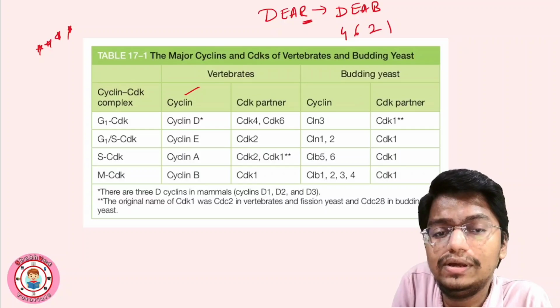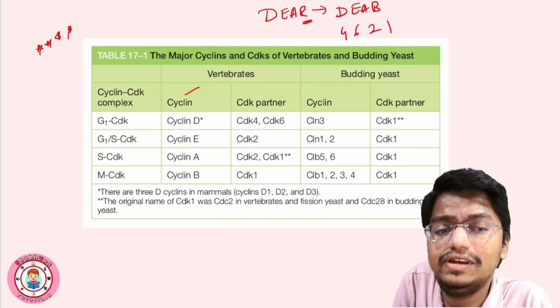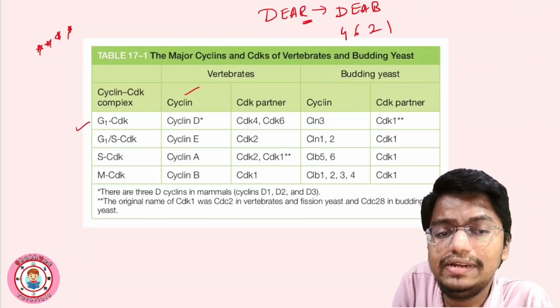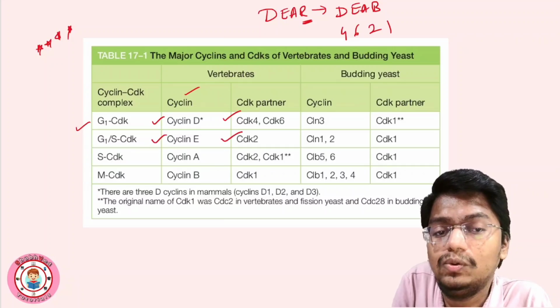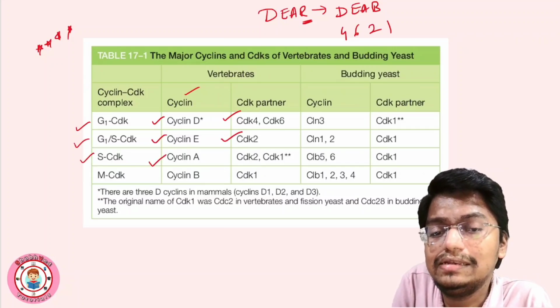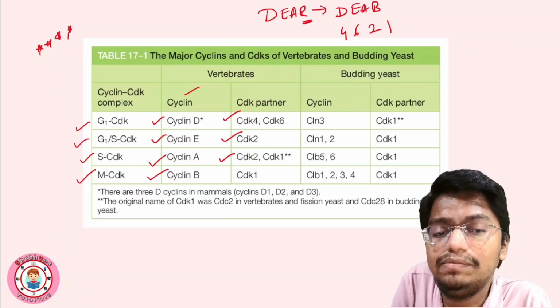Okay, now इस table में देखो जो cell cycle के phases हैं G1, S, M. तो G1 में cyclin D and CDK 4, 6 partner है. E का 2 है. Okay, right. And S में cyclin A है, CDK 2 and 1, and M में cyclin B, CDK 1.